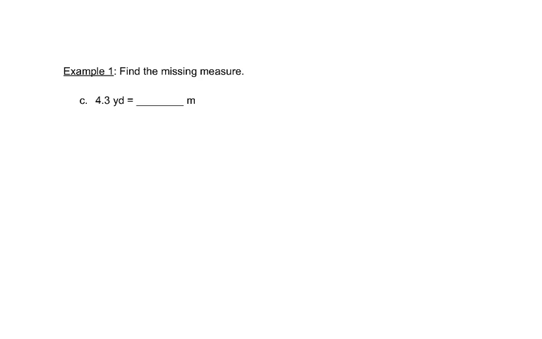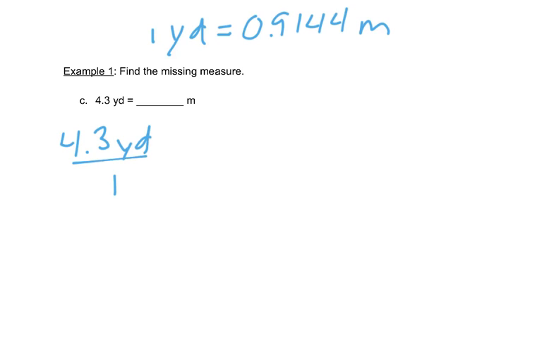So here we're going to do yards to meters. On the right-hand side, we have metric and English conversions. And we can see that 1 yard is equal to 0.9144 meters. So we'll start with 4.3 yards over 1 times, we'll put the 1 yard on the bottom, and the 0.9144 meters on the top.